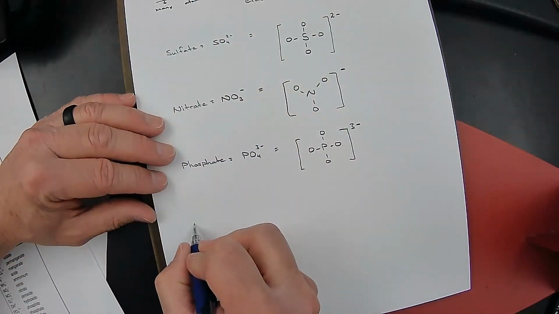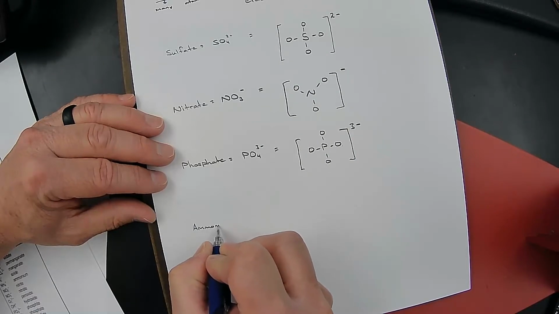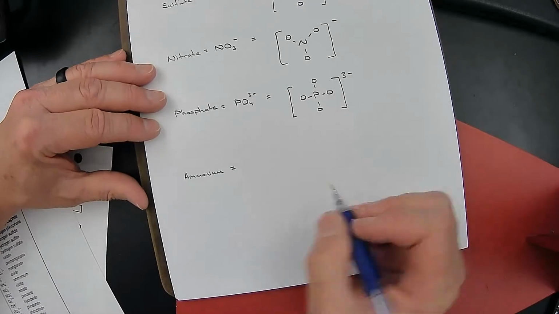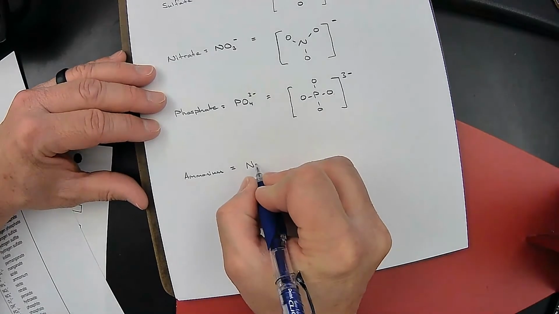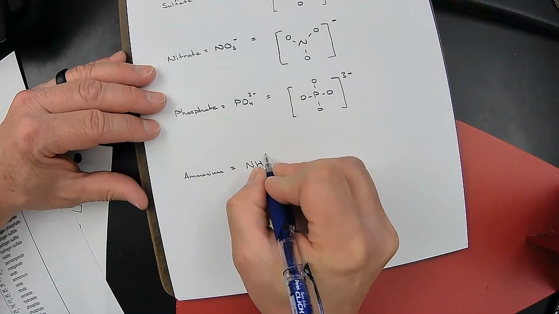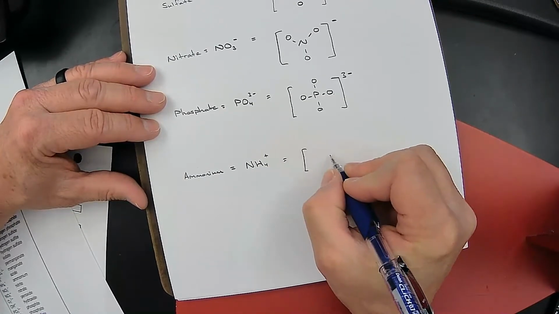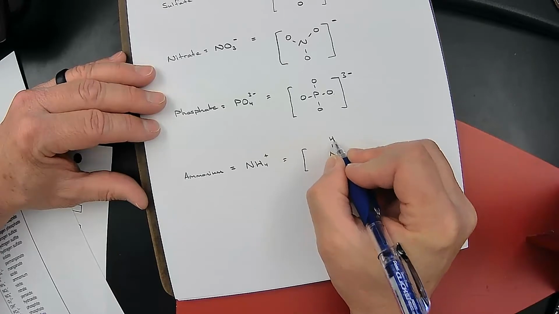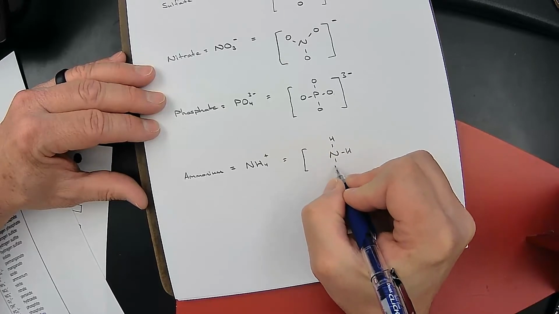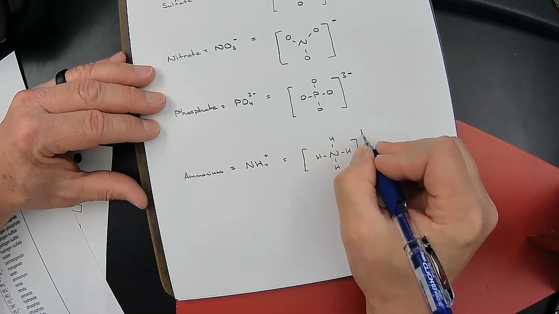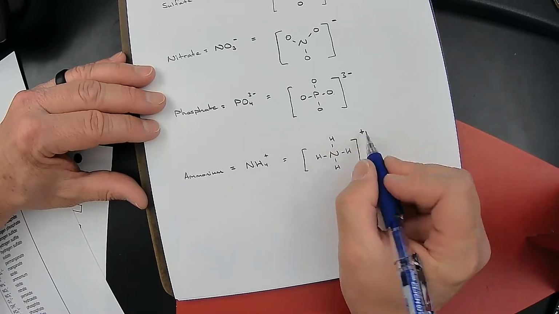Ammonium is a group of atoms that forms a charge, so we call it a polyatomic ion, 1 N with 4 H's, and as a group of atoms, it wants to lose 1 electron to become a 1 plus ion.